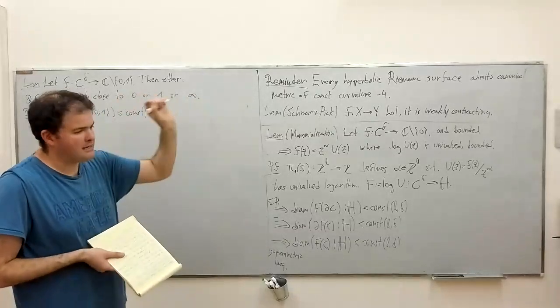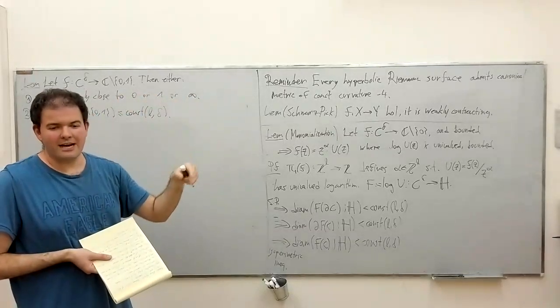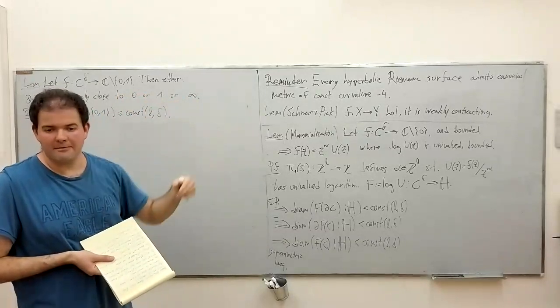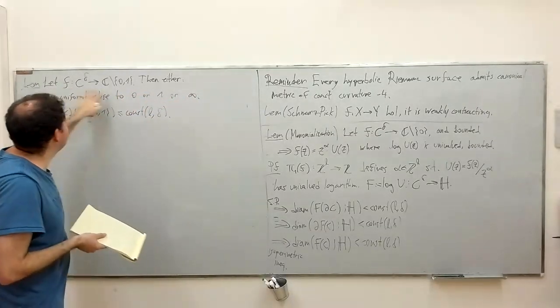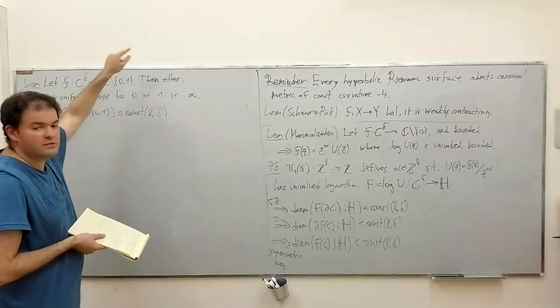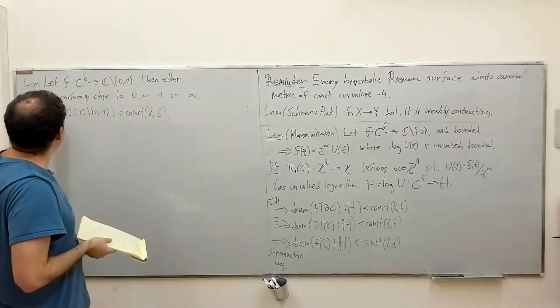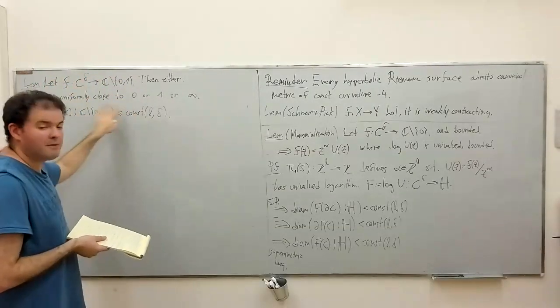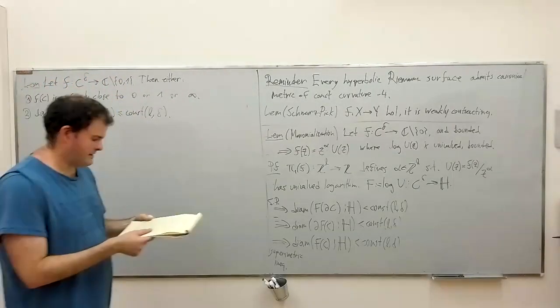So if you have a little punctured disk around the cusp, this thing has infinite diameter. So I really need this. But I'm saying either your whole set lands close to one of these three cusps, or the image is small in the hyperbolic sense. This is what we can prove.